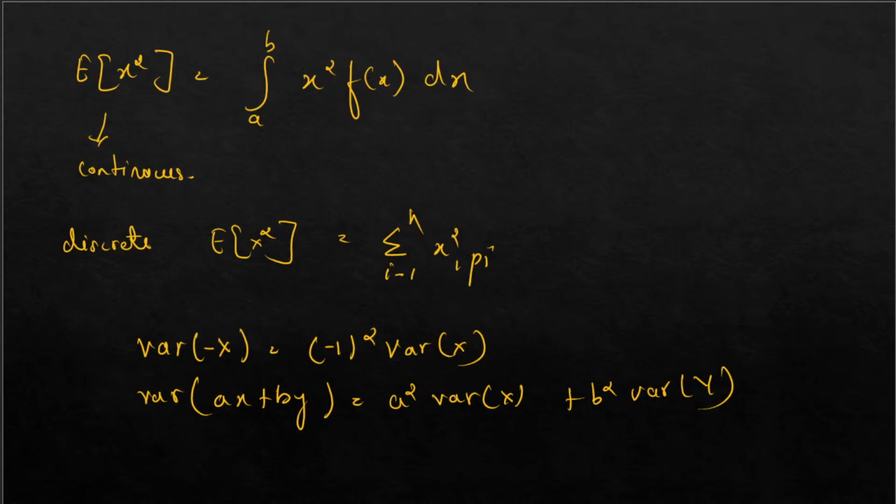Okay, then let's see one important table. So binomial distribution. Okay, binomial, Poisson, Gaussian, and uniform.